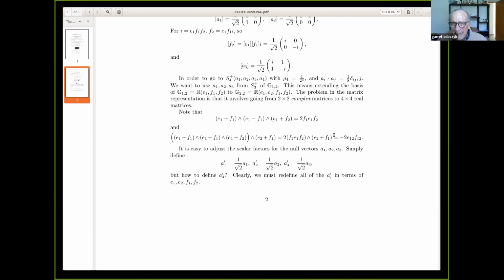So can you understand what the problem is? I can define this part with 2x2 complex matrices, but in order to use a 4th vector, I've got to go to 4x4 real matrices. But I hope you can see that this is an interesting problem, because we're talking about matrices. I consider a matrix to be the coordinates of a particular geometric algebra.